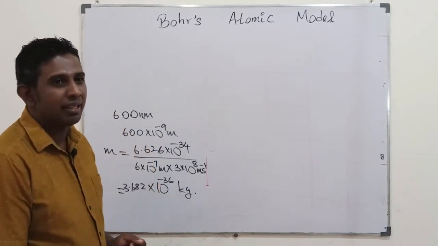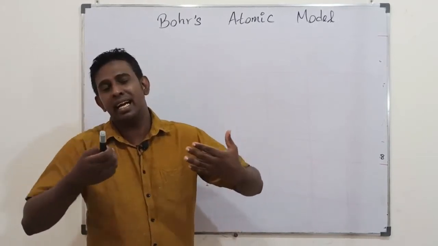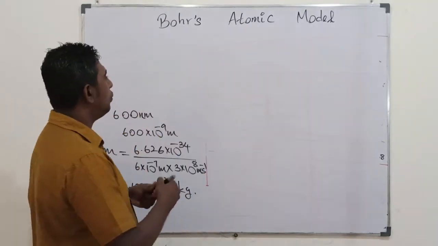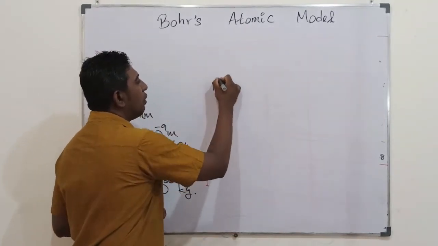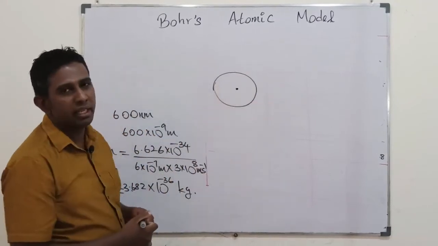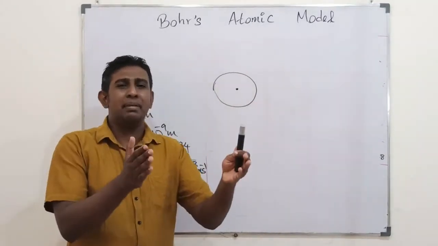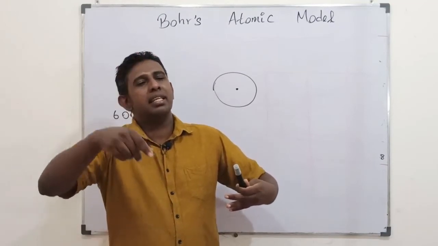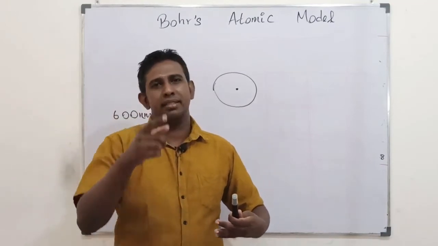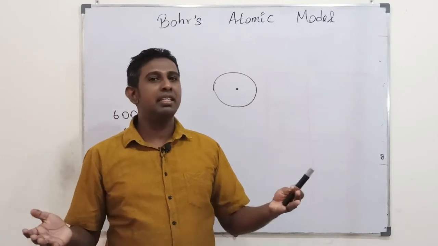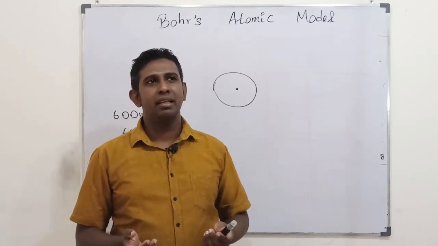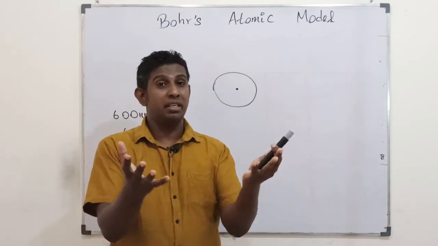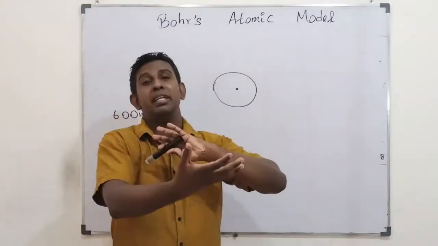So what Niels Bohr told in his theory regarding the atom was that you have a nucleus and energy shells around the nucleus. At that time, Niels Bohr presented his idea as these energy shells being circular paths. But presently we know that they have a three-dimensional spread.